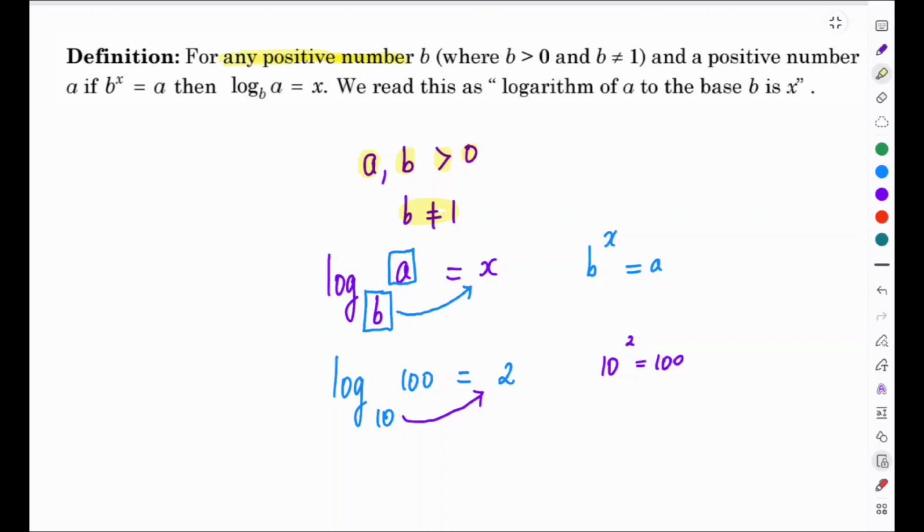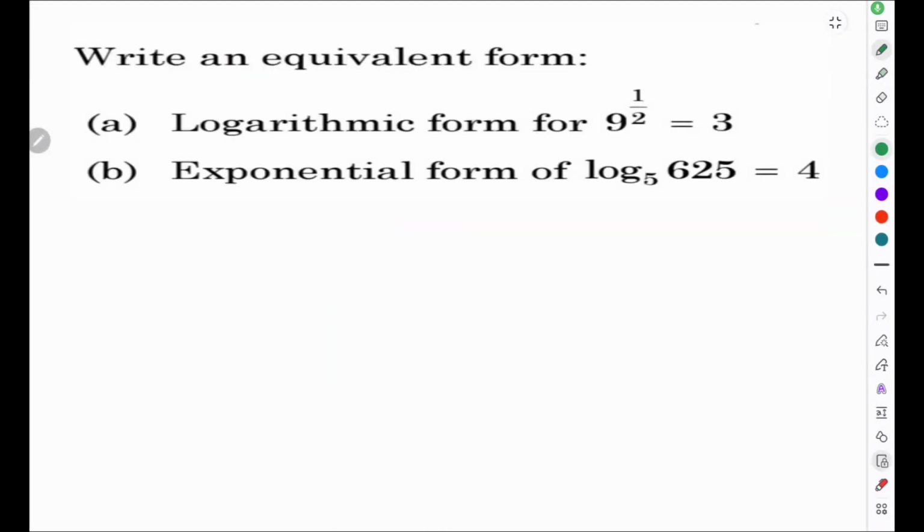Moving forward, now let us try to solve this question. Write the equivalent logarithmic form and exponential form. Here it's given 9 power half is equal to 3. Now see, log a to the base b is equal to x, and in exponential form, b power x is equal to a.